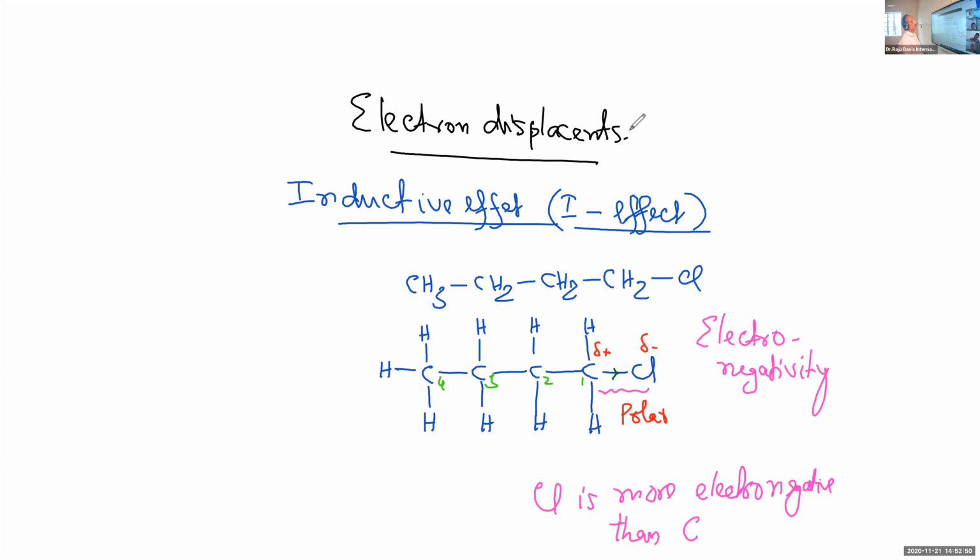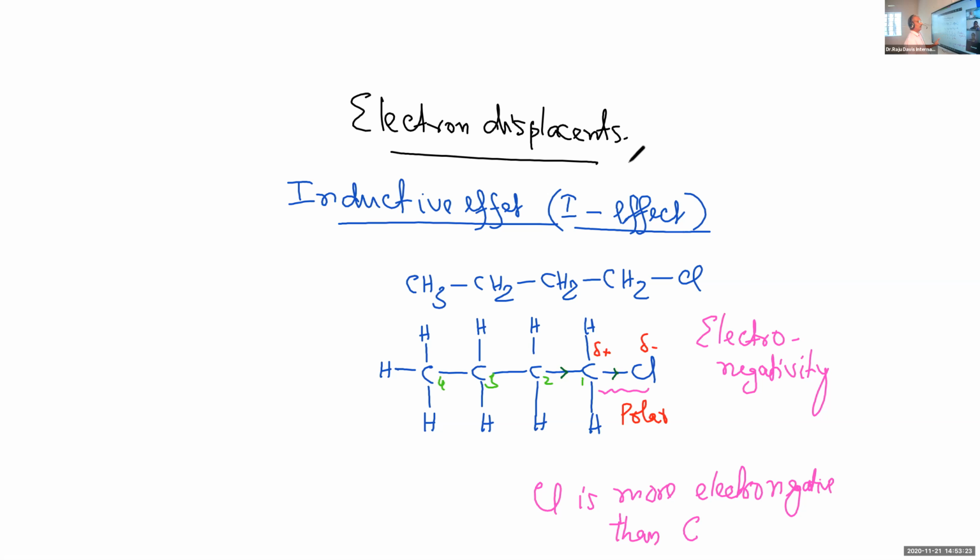Carbon atom number 1 is having a partial positive charge. Due to the partial positive charge on carbon atom number 1, the electron pair present in the C1-C2 bond is shifted towards carbon atom number 1.